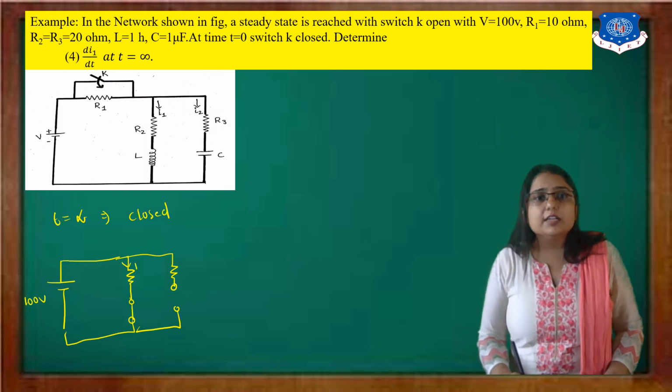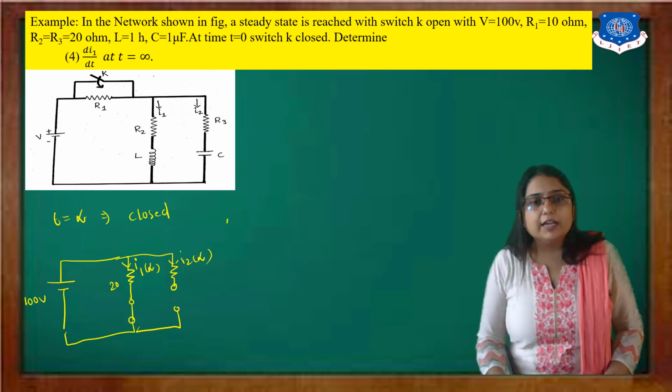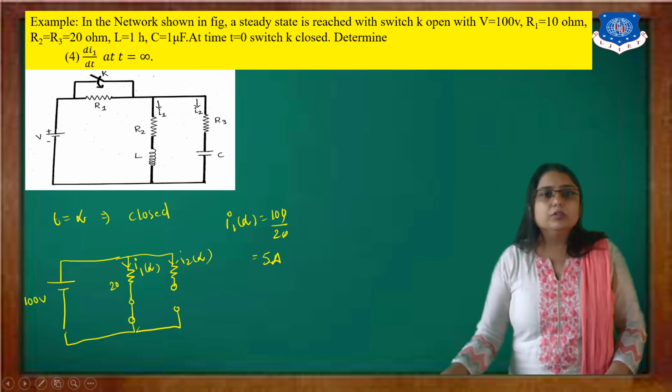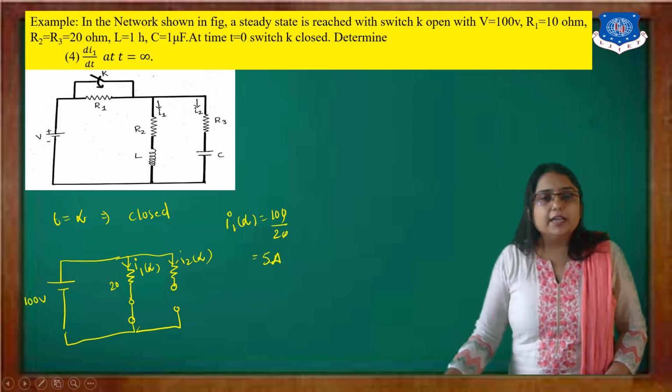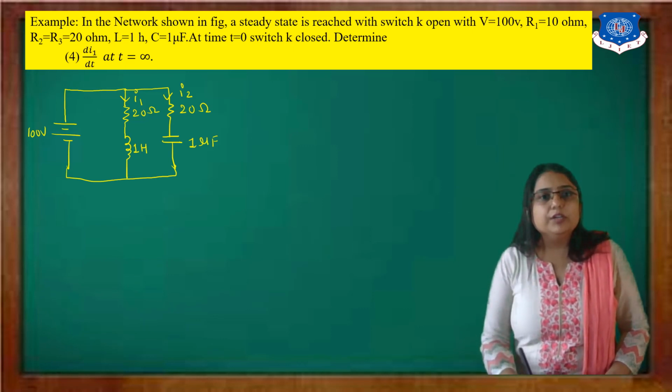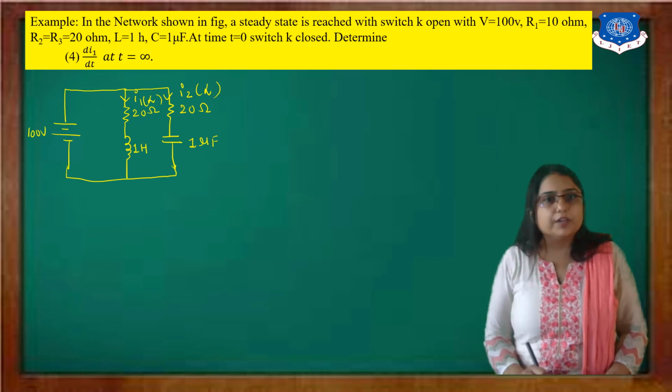So this current is known as I1(infinite), and this current is I2(infinite). Here the value of R2 is 20. So I1(infinite) is 100 divided by 20, that equals 5 ampere.